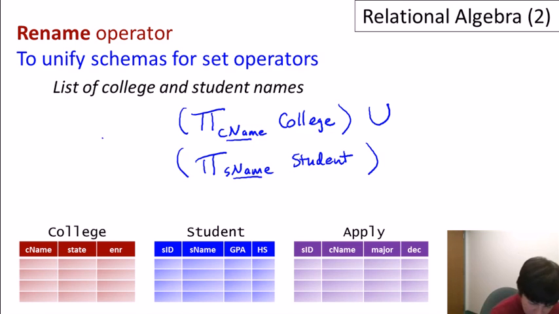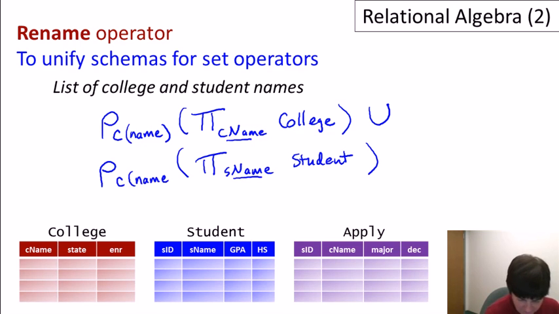Let's say that we're going to rename the result of this first expression to be relation name C with attribute name. And let's make the result of the second expression similarly be the relation C with attribute name. And now we have two matching schemas, and then we can properly perform the union operator. Again, this is just a syntactic necessity to have well-formed relational algebra expressions.